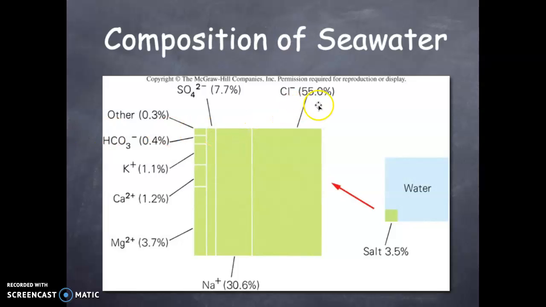These are some of the constituent ions that you will find in water: the chloride ion, sulfate ion, the bicarbonate ion, the potassium, the calcium ion, magnesium, and the sodium ion. All these different ions are found in any part of seawater.